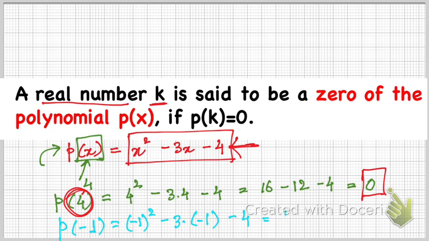That will give you 1 + 3 − 4, which is again equal to 0. So whenever you put x = −1 in the polynomial p(x), you get 0. So −1 is also a zero of the polynomial.